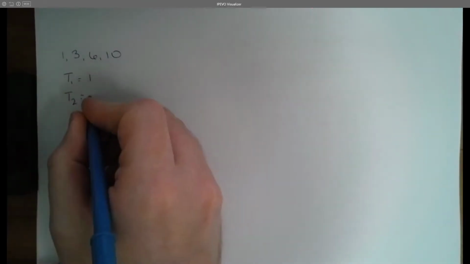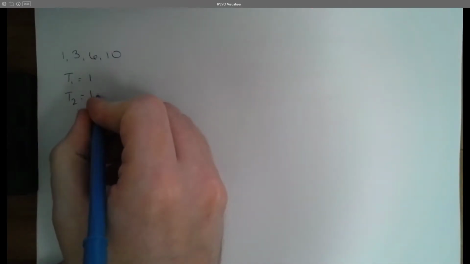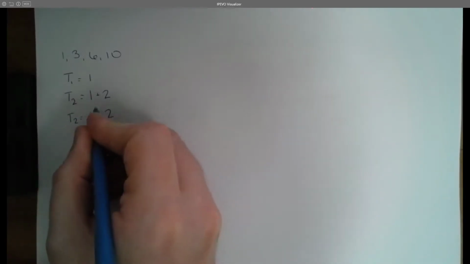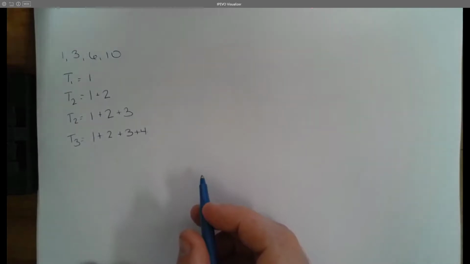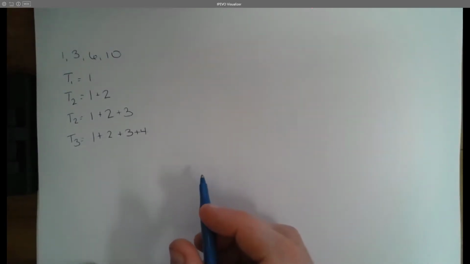Term 2 starts with that 1 and adds 2 more to that to get to our 3. Term 3 is originally what we had before, that 1 plus 2, and then we add 3 to that one. Term 4 is that 1 plus 2 plus 3, and then now we're going to add 4 to that one here. So we're doing some different things as we go through, and as we try to figure out what our term is going to be.